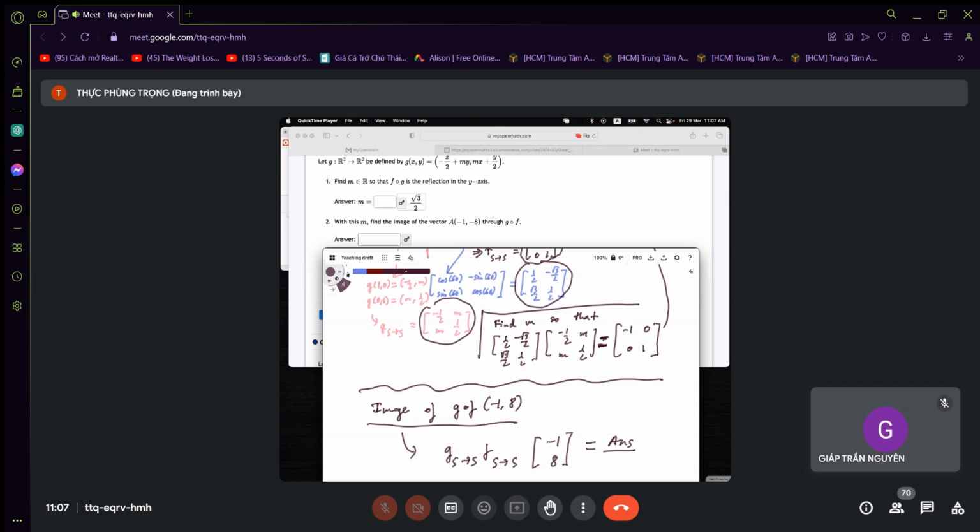When you consider G in the standard bases, F in the standard bases, you consider G from S to S times F from S to S, you get the matrix of G of F in the standard bases. And you multiply that by the input, -1, -8, you get the output for the image. Remember that now you don't have M, it's just root 3/2, right? You put that into it.